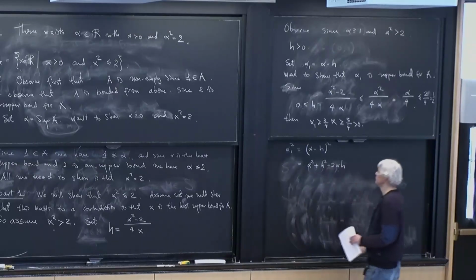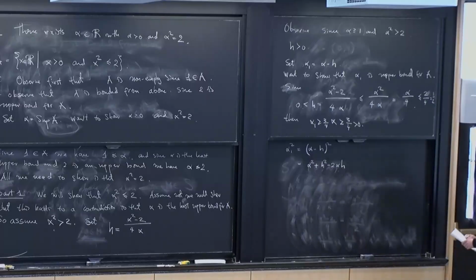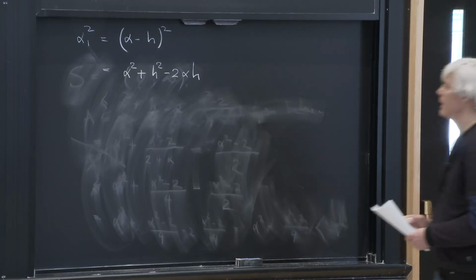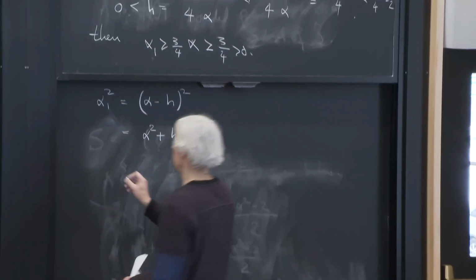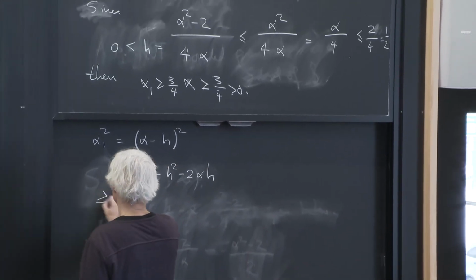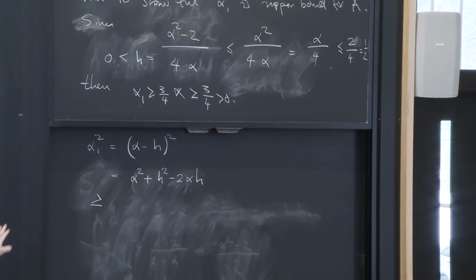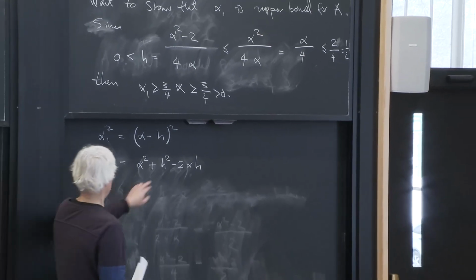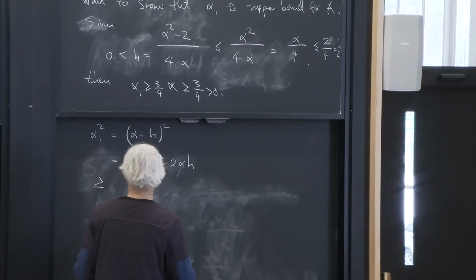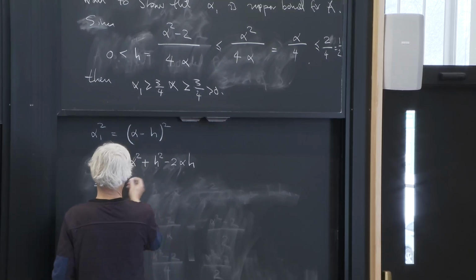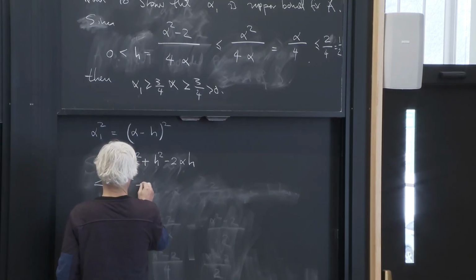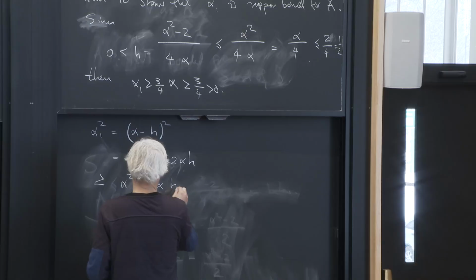Okay. So we define it like this, and now I say that this thing here is bigger or equal to, but I want to bound it from below. And so then I can ignore the h squared. So it's bigger than, because that's positive, so it's bigger than alpha squared minus 2 alpha h, right?